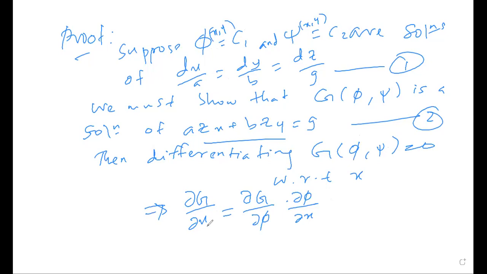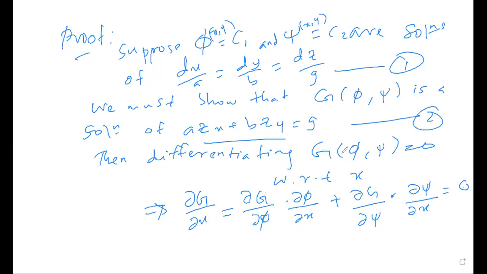In the theorem I have given, pi is a function of x and y. So if you want to differentiate with respect to x, first you differentiate g by pi, then pi by x. This is the chain rule, isn't it? Similarly, ∂g/∂chi: we have found the pi part, and chi also depends on x, so you can write it this way, which equals 0 as well.